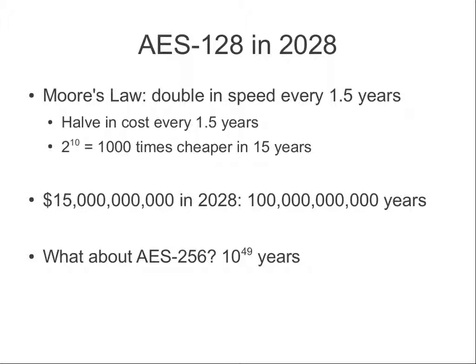Approximately in 2028, if I have $15 billion to spend on my computers then it will still take 100 billion years to defeat AES 128. So brute force attacks in theory are possible, but very easy to defend against by choosing a key length of 128 bits or larger.